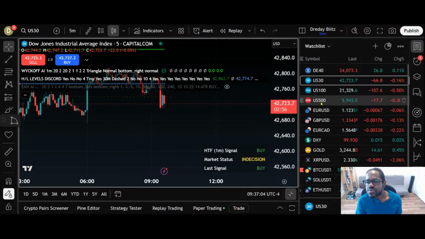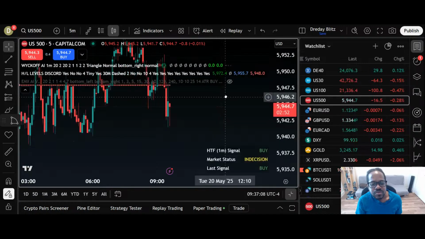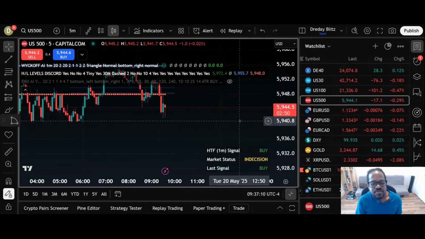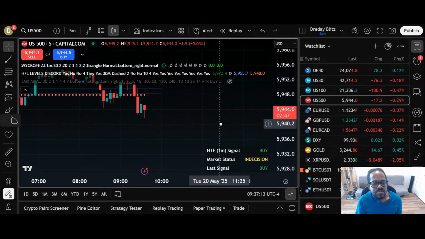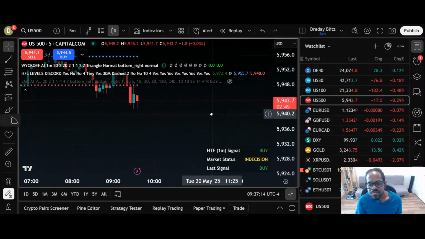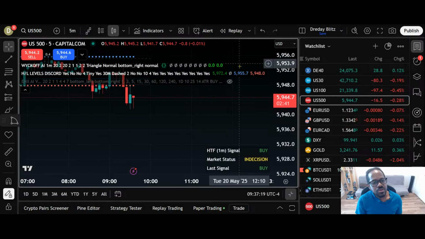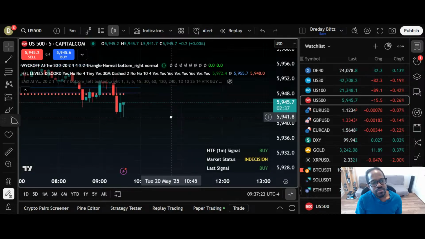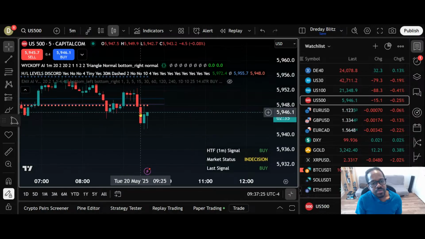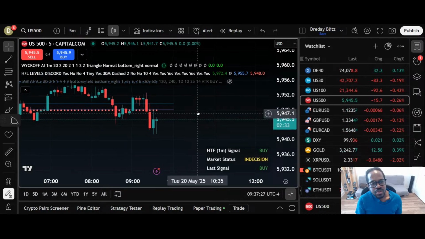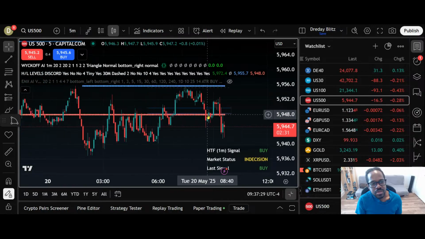Starting to go down. But as long as I don't see a signal, I'm not in. So there may be some manipulation here to the downside to go up a little bit more.